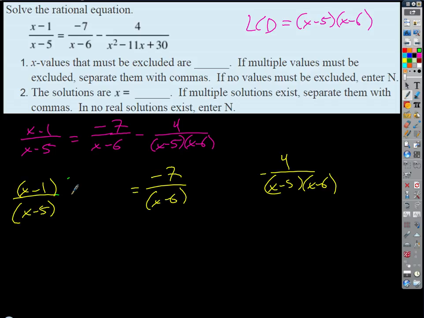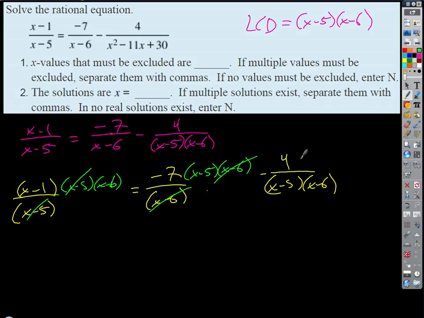I'm going to multiply by my x minus 5 times x minus 1, and what cancels? The x minus 5s, yeah. Okay, so those guys go away. If I multiply through here by x minus, oops, why did I pick a 1? I don't know why I multiplied by 1, that should have been a 6, right? The x minus 6's cancel, right?